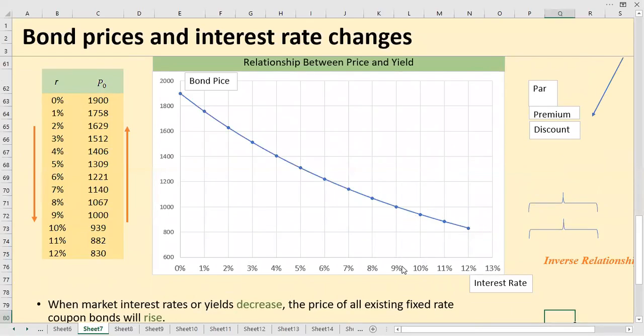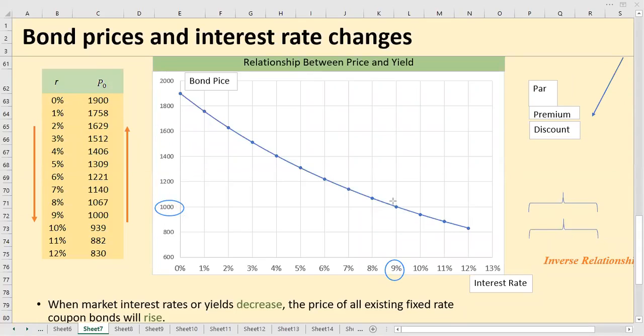Now if you look at the 9% value, here, 9% value. Now when the required rate of return is equal to 9% and it is equal to the coupon rate, the price of the bond is equal to the face value of the bond.